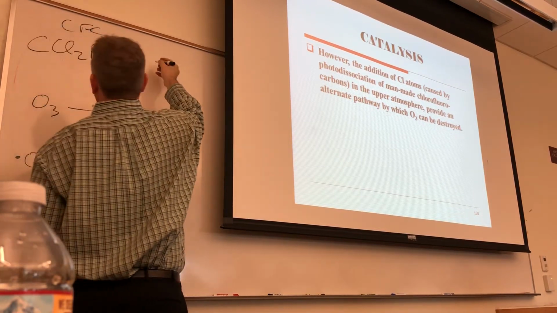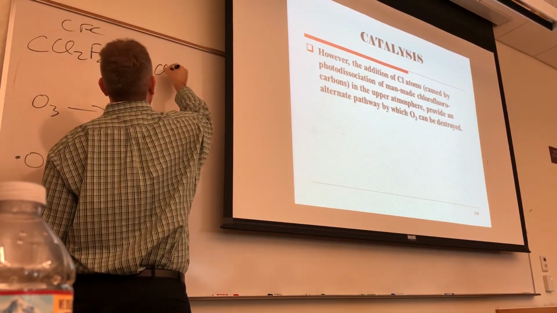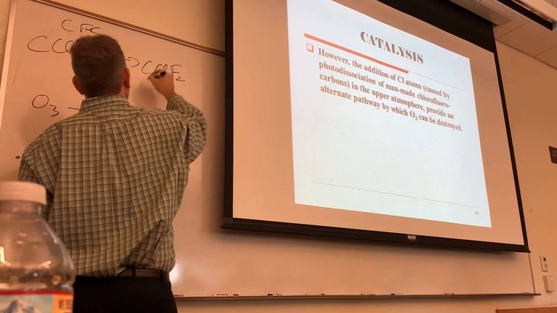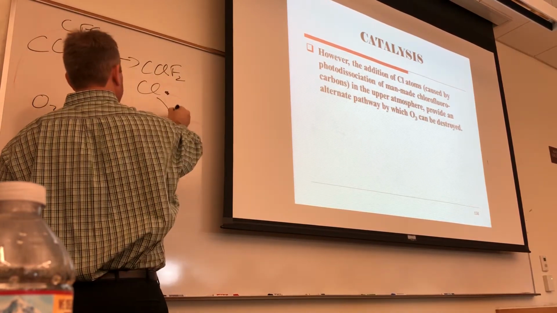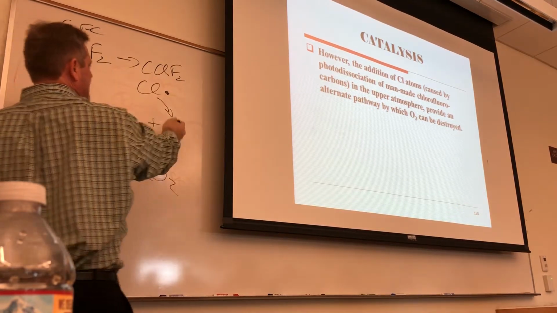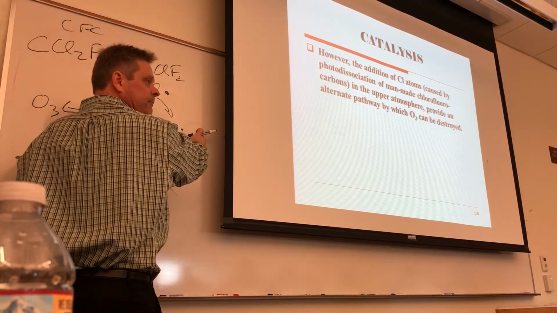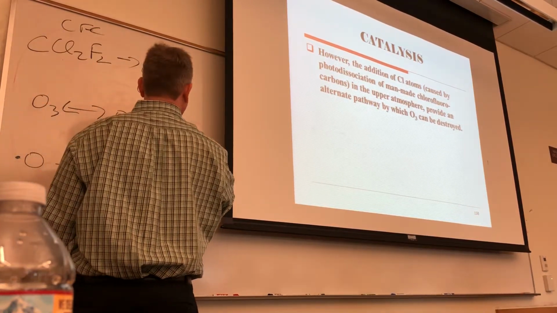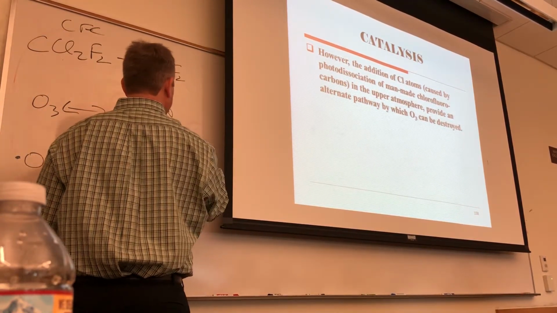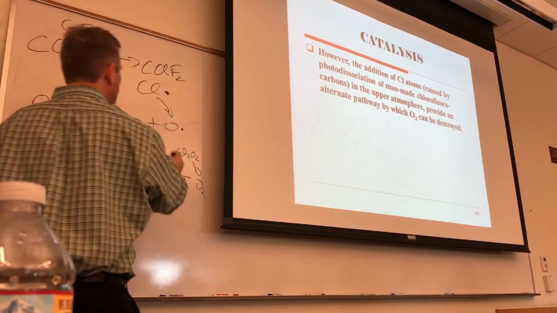The energy coming from that gives me CClF2, and then you get the Cl radical coming off of it. This can now bind to this, and it pulls that away. Then it forms Cl2O2, and then this releases the O2. So you're pulling this out.